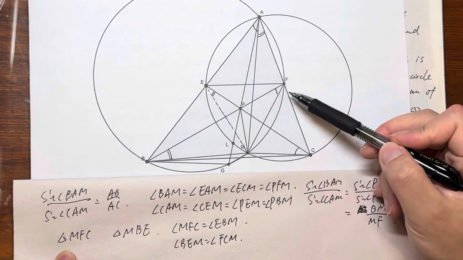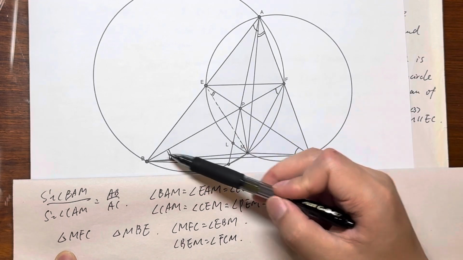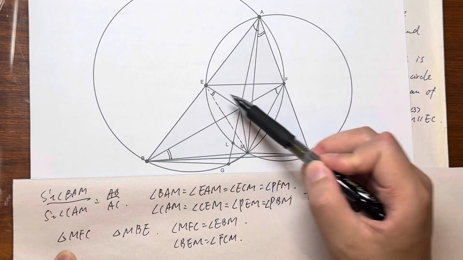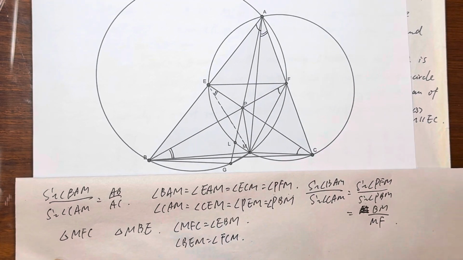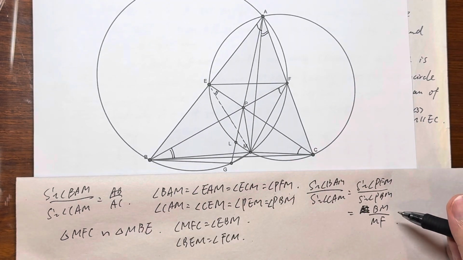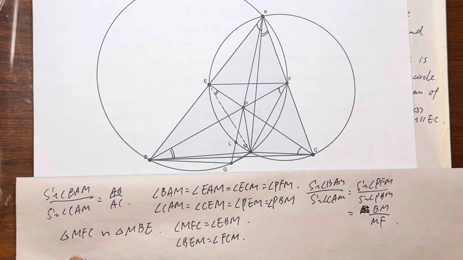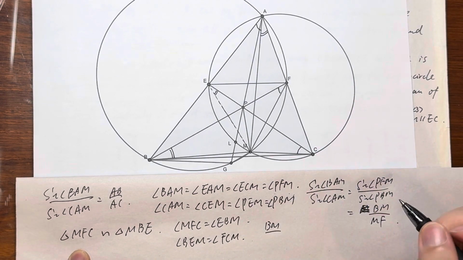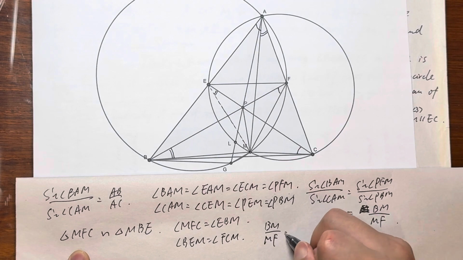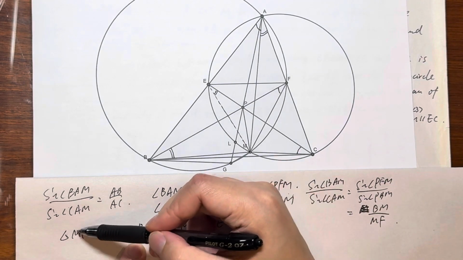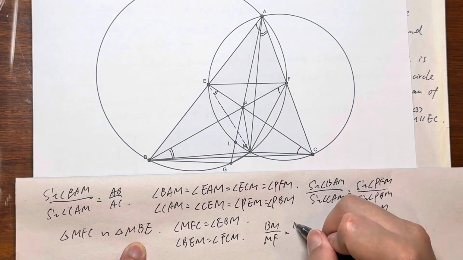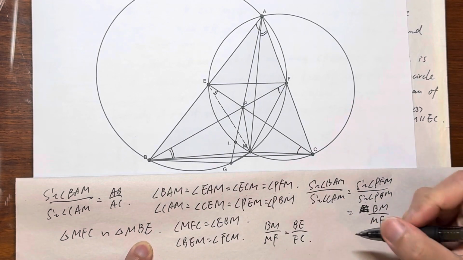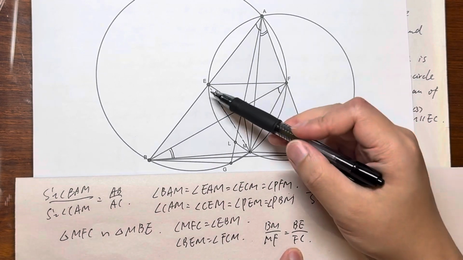That means in triangles MFC and BEM, we have this angle equal to this angle and this angle equal to this angle. These two triangles are similar, then we can get BM to MF equals BE to FC.